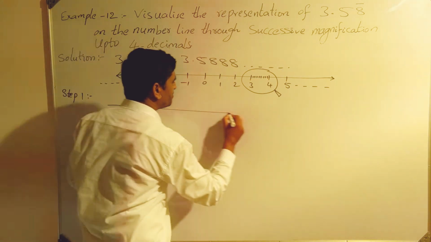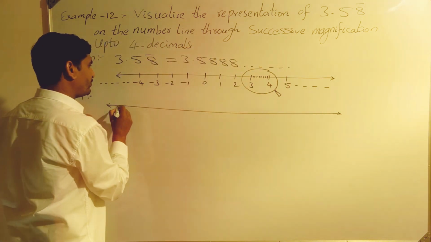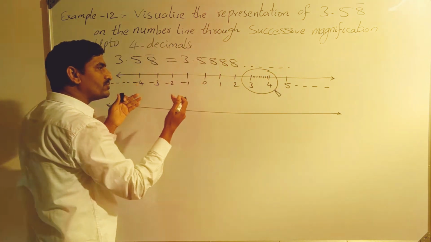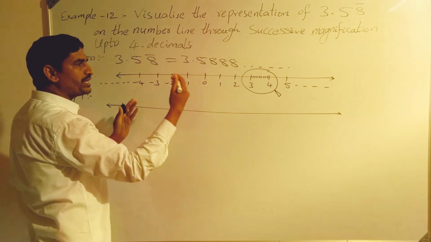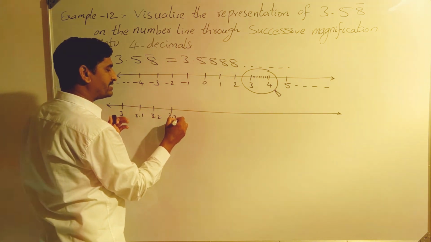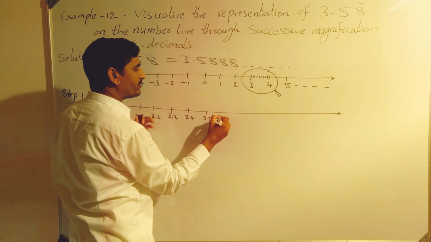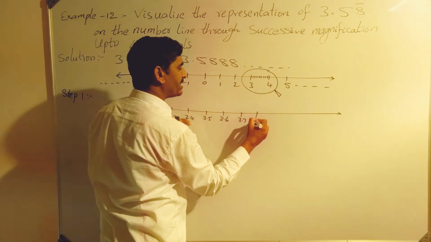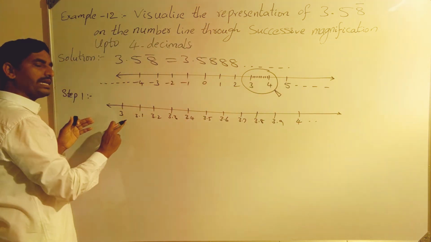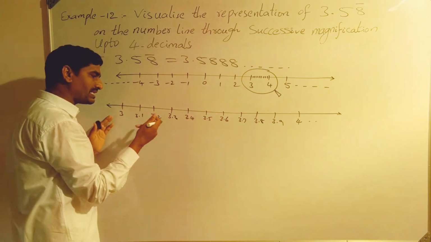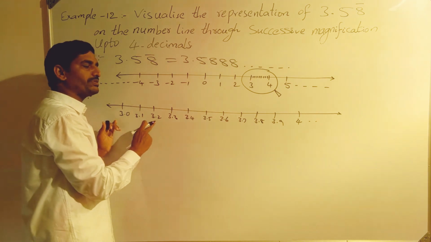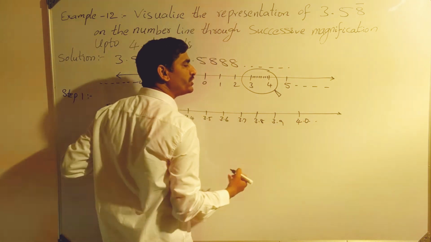In the zoom method, we observe from 3 onwards: 3, 3.1, 3.2, 3.3, 3.4, 3.5, 3.6, 3.7, 3.8, 3.9, and this is 4. It starts from 3.0, 3.1, 3.2 and so on up to 3.9, 4.0.